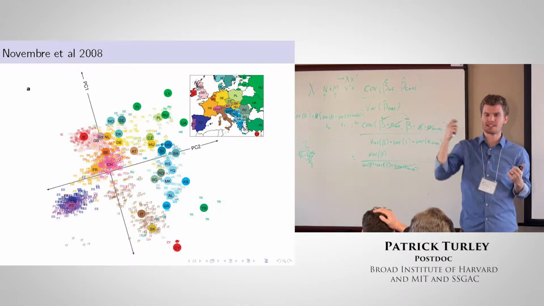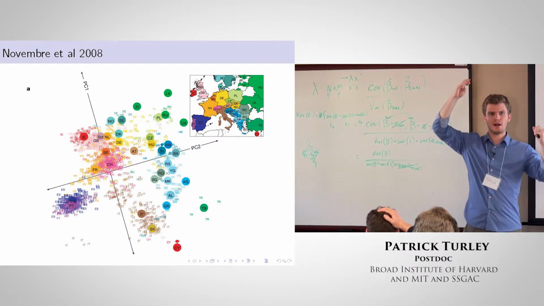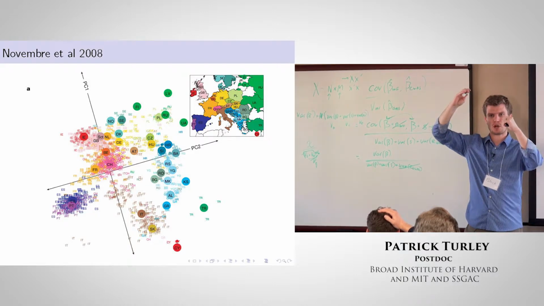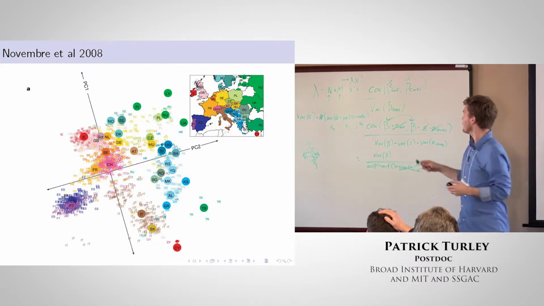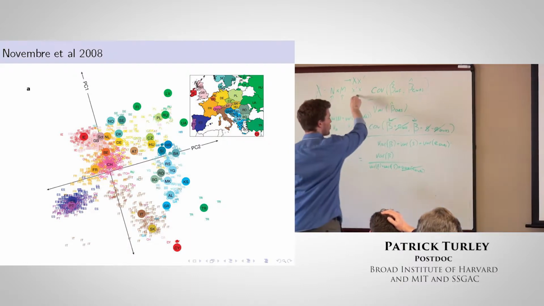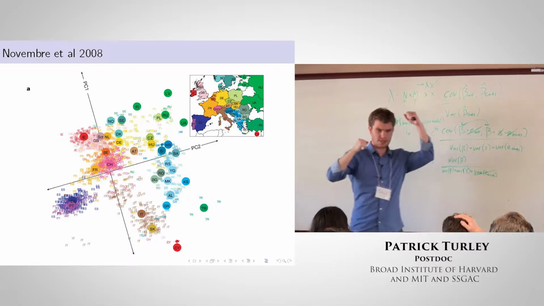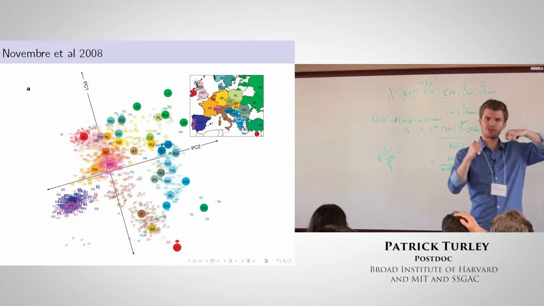That's related to this idea of relatedness: if two people's genotypes covary highly, they share a lot of the same SNPs, and so they're highly related. Whereas X prime X holds the pair of SNPs constant and gives the covariance across individuals.